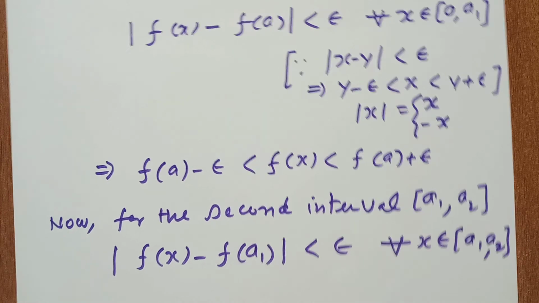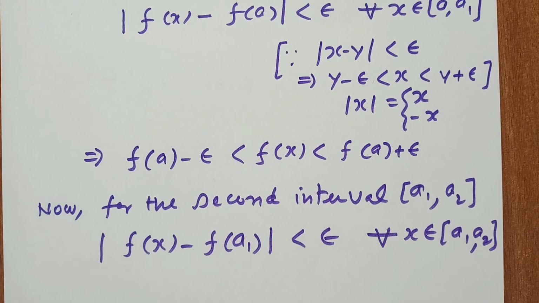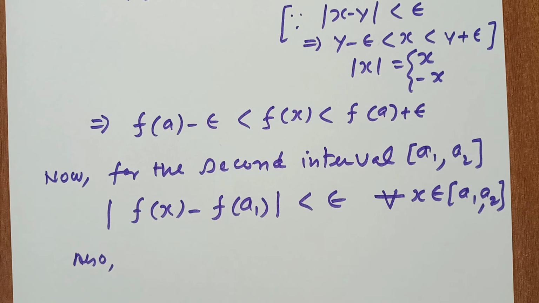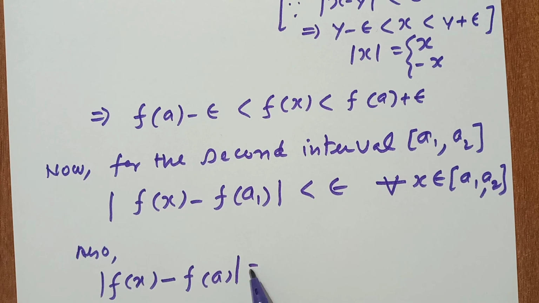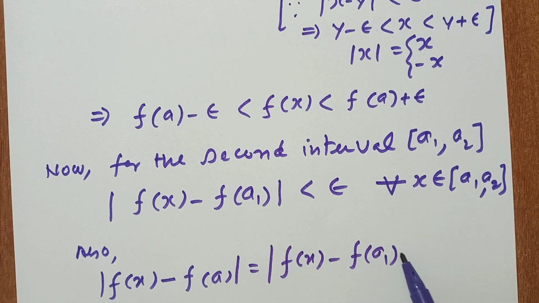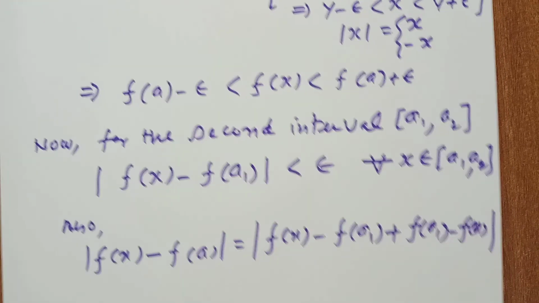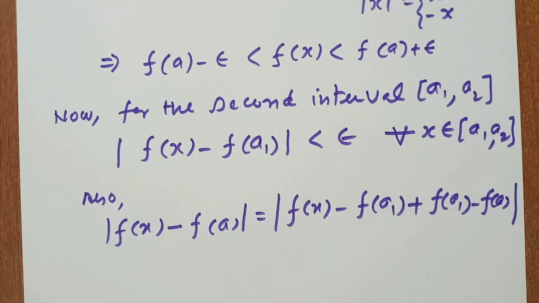Also |f(x) - f(a)| = |f(x) - f(a1) + f(a1) - f(a)|, by adding and subtracting f(a1).